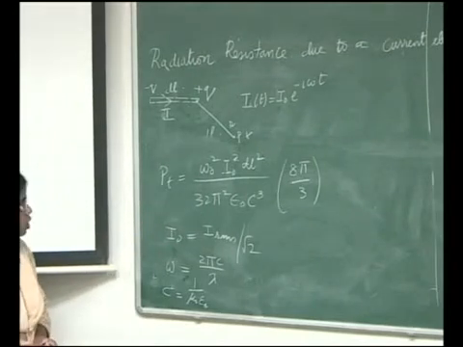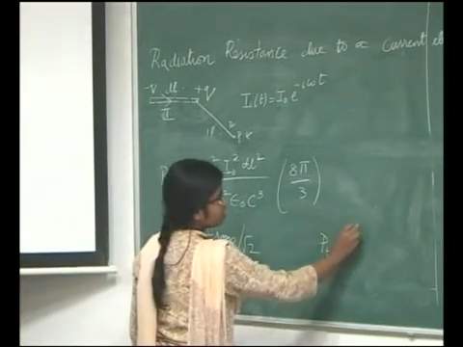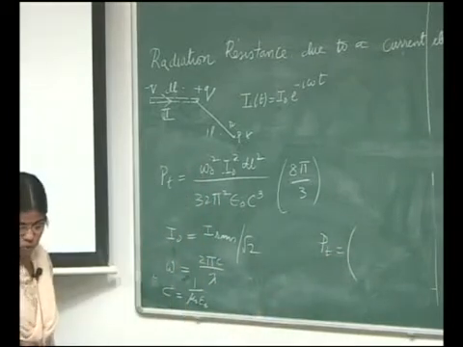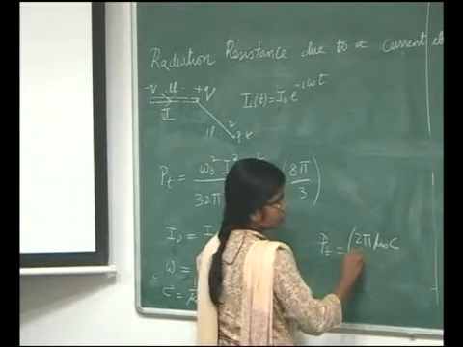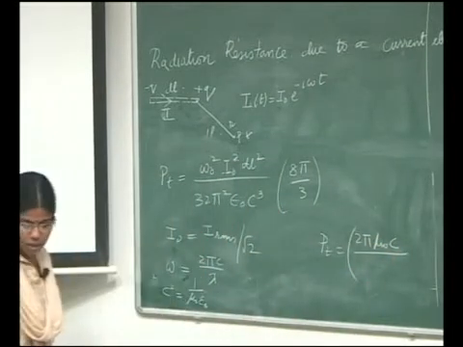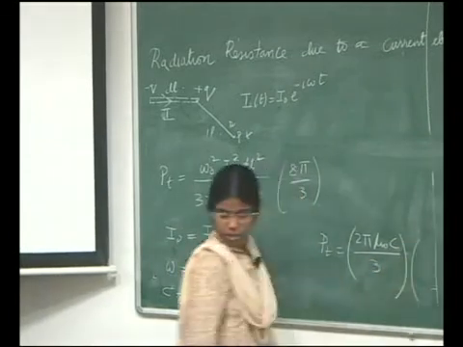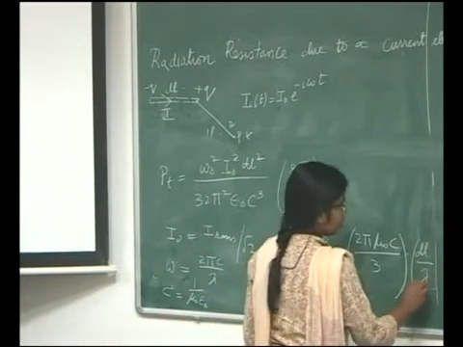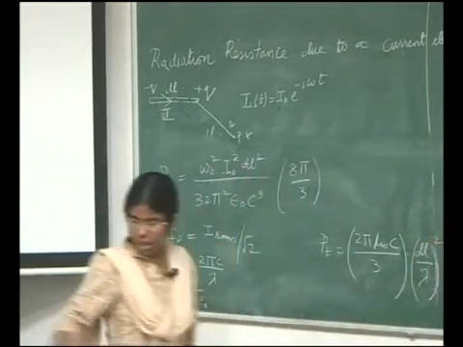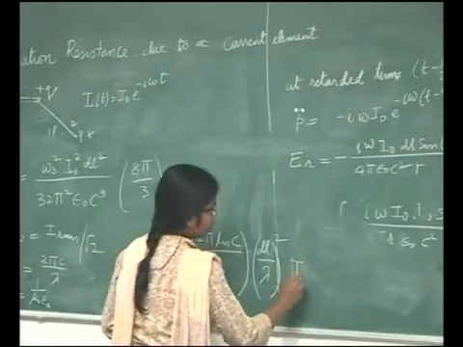When I do that, this equation gets converted into P total equals 2 pi mu naught c divided by 3 into (dl by lambda) whole square and into I RMS square.